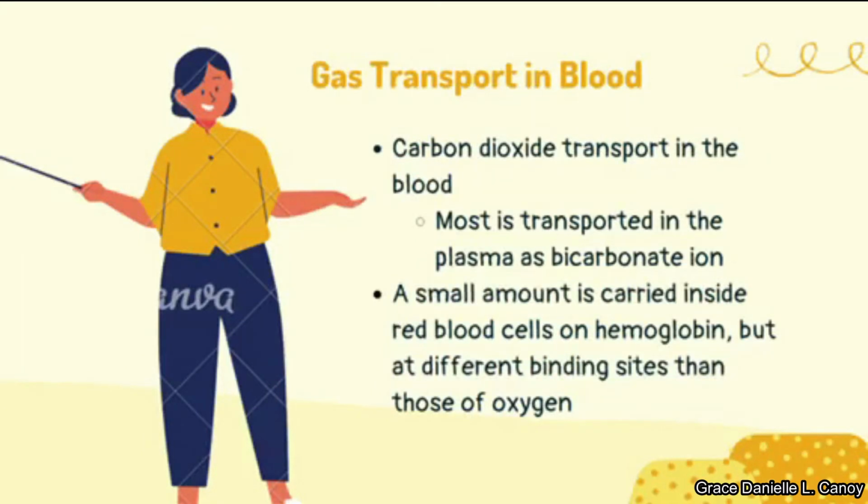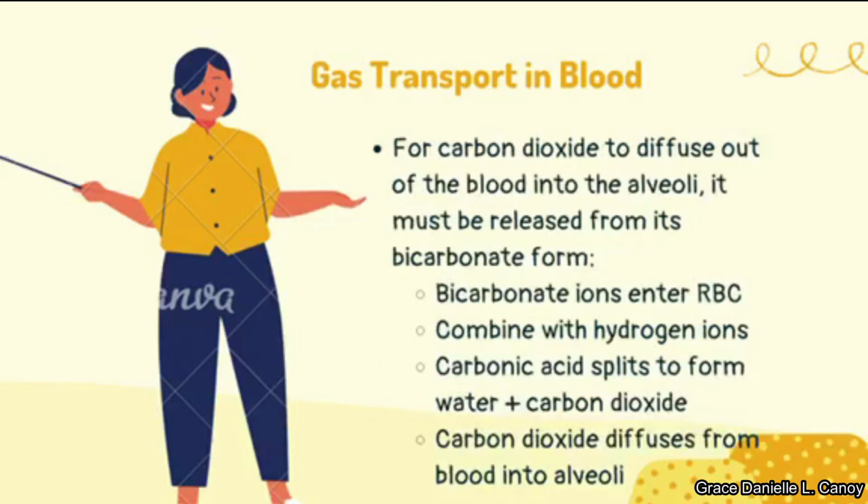Now, let's talk about how carbon dioxide is transported in the blood. Most carbon dioxide is transported in the plasma as bicarbonate ions. A small amount of carbon dioxide is carried inside the red blood cells on hemoglobin, but at different binding sites than the oxygen. For the carbon dioxide to diffuse out of the blood into the alveoli, it must be released from its bicarbonate form.